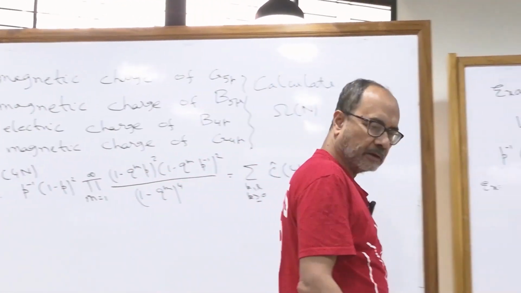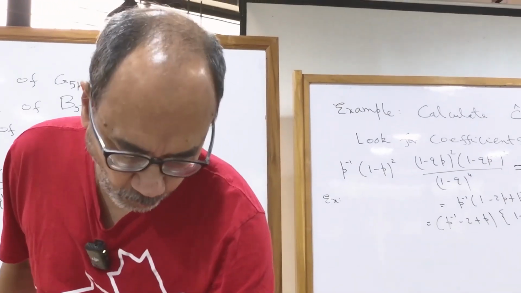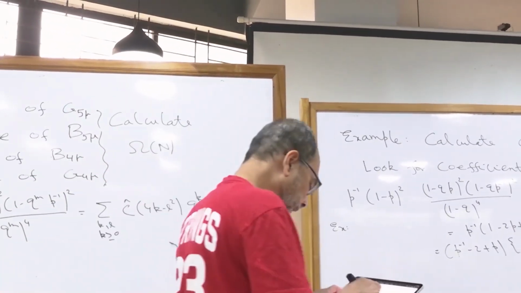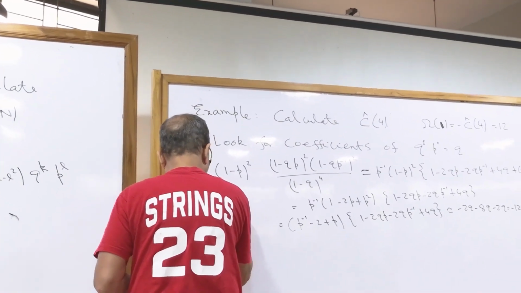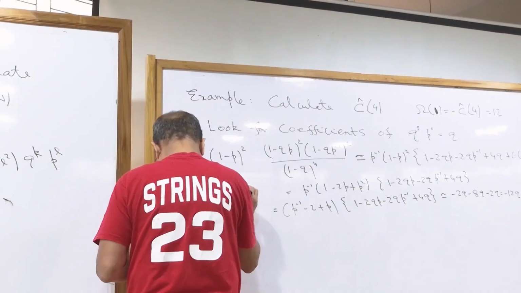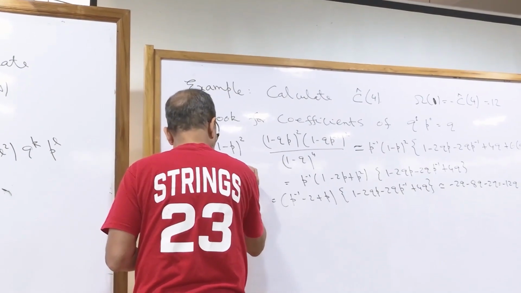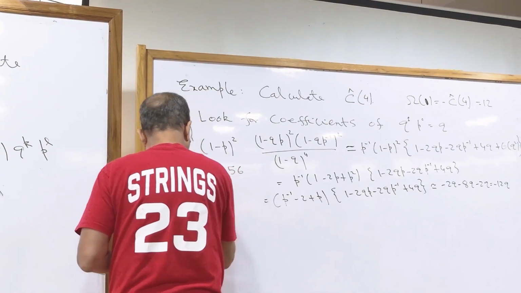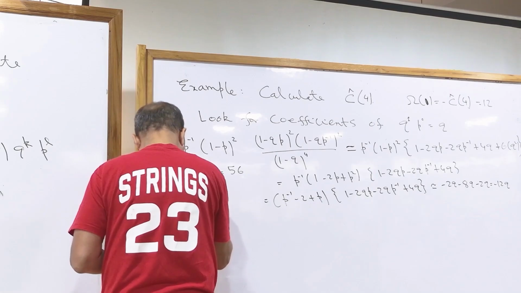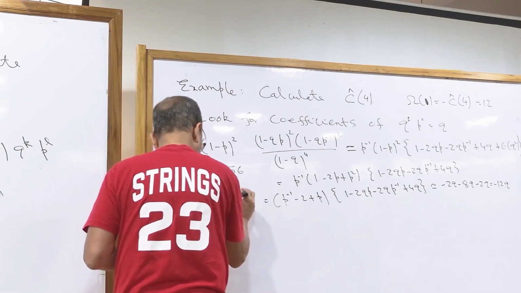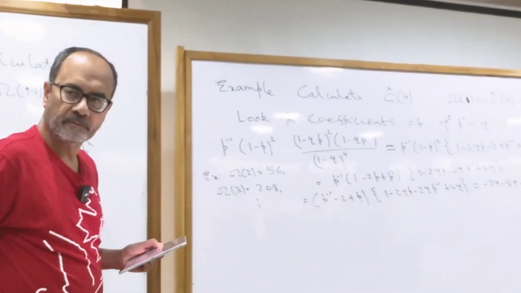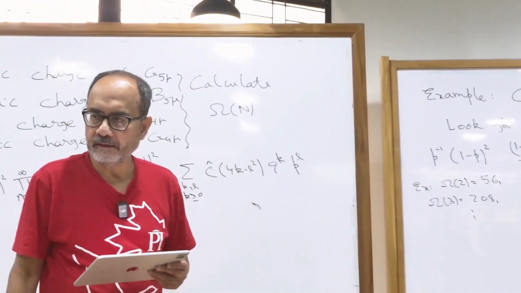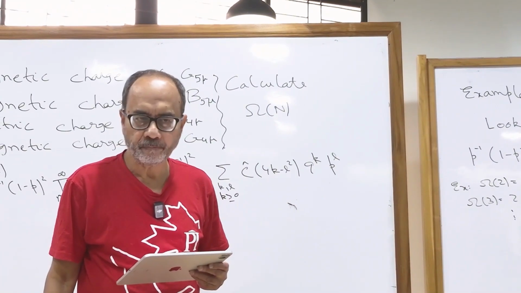So omega of 2 is 56, omega of 3 is 208, and you can calculate other omegas.